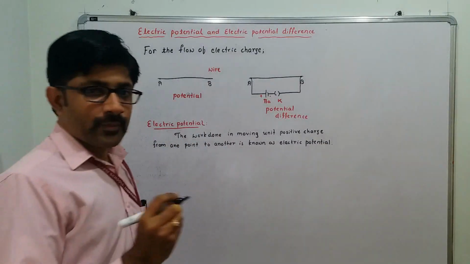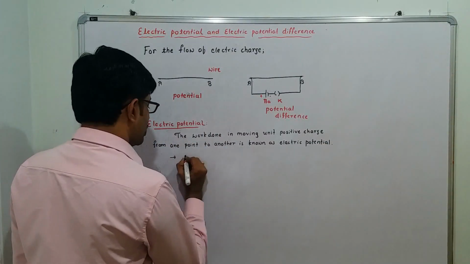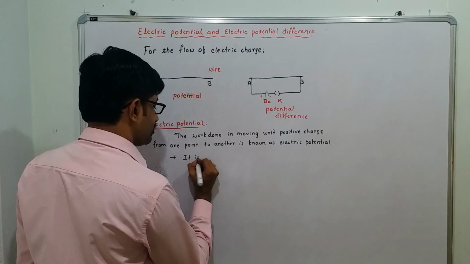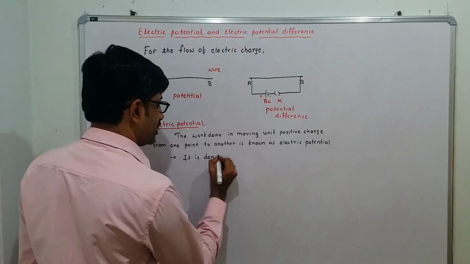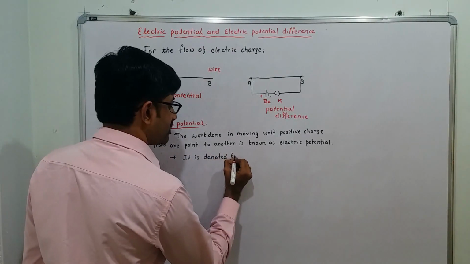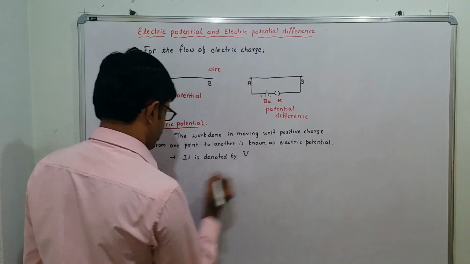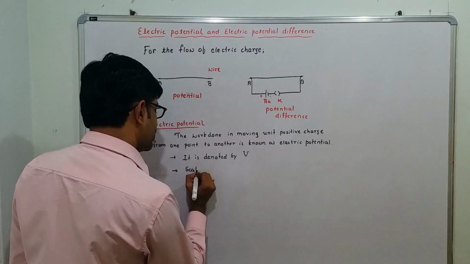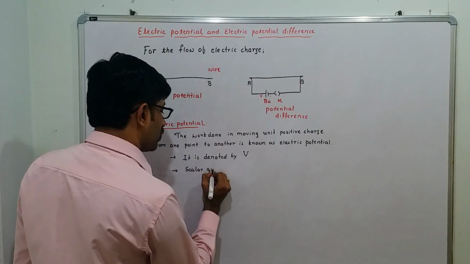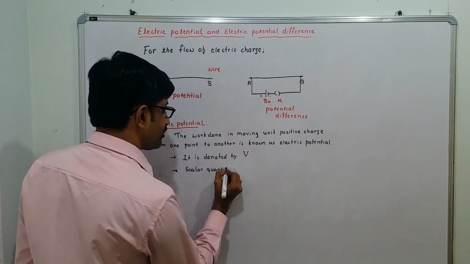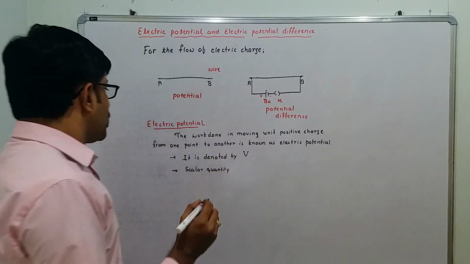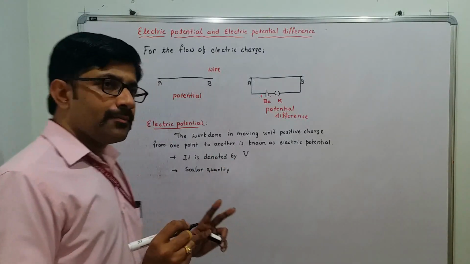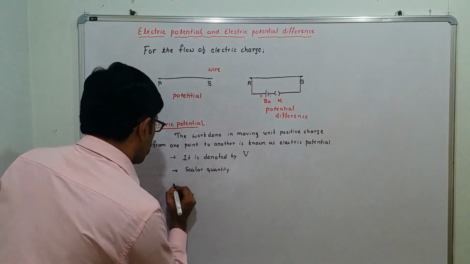It is denoted by the symbol capital V, and it is a scalar quantity. The electric potential is measured in volt.